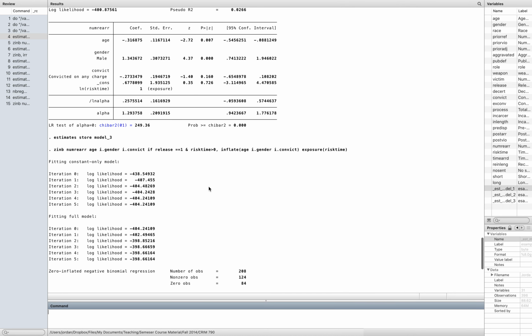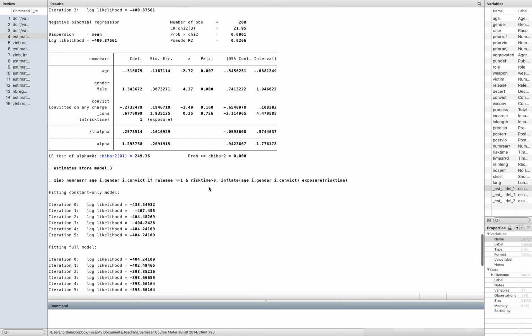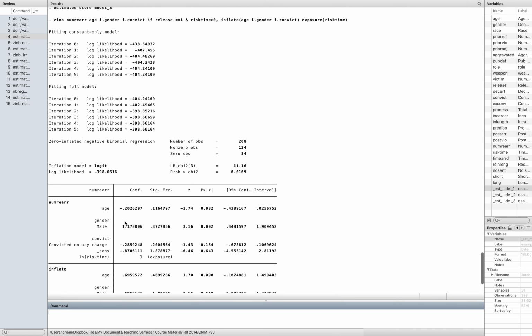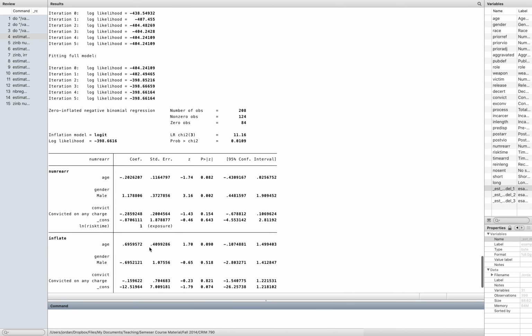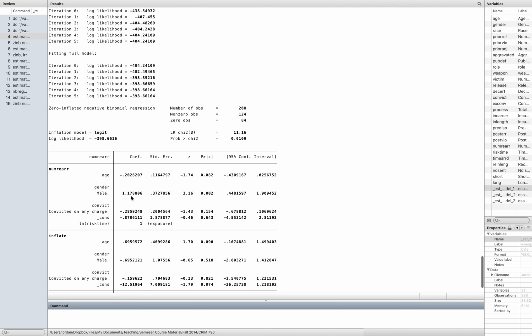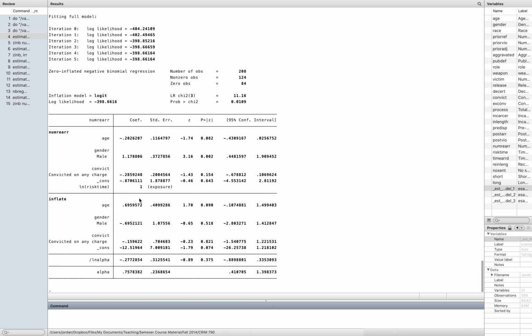And then if you look at the age of the regular negative binomial regression, you see it's negative 0.317. Here it's negative 0.203. Male is 1.34 and significant. Here 1.18 and significant.